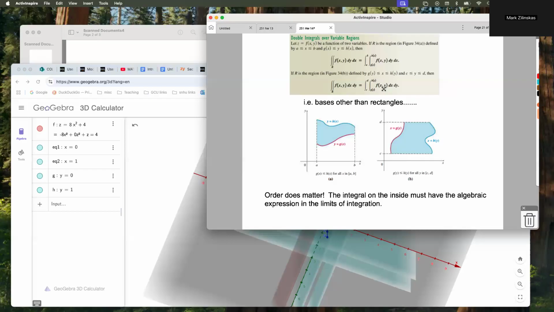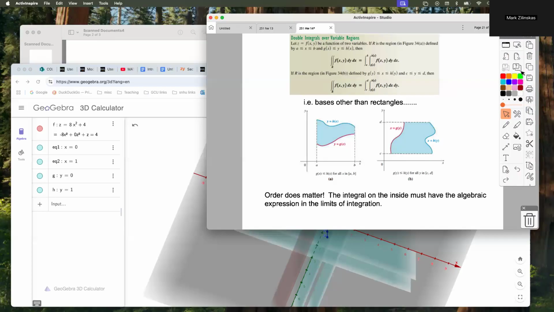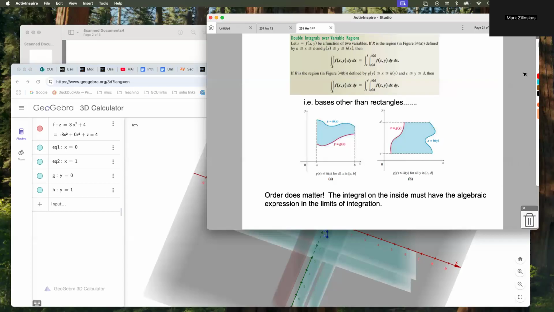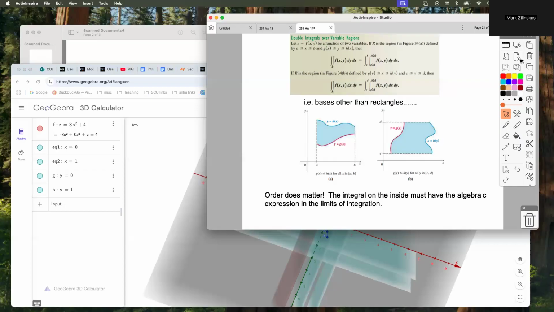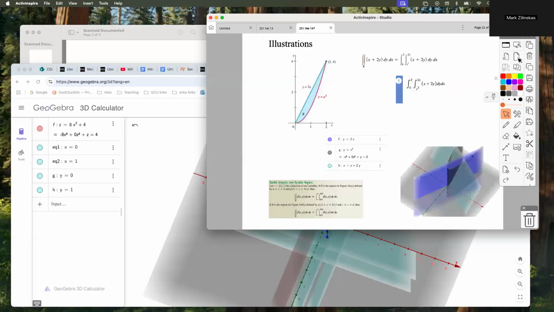Then everything's going to be in terms of y, and then I'll evaluate the integral from the new numbers that are given, in this case, c to d. Now that sounds like a lot to listen to, and I'm just trying to give you a sense of what we're trying to do here before we actually go ahead and illustrate it.